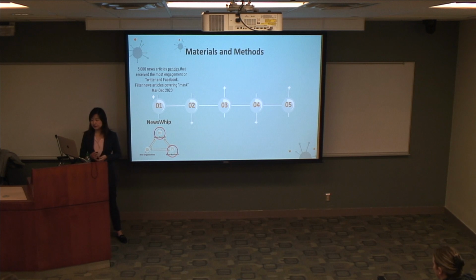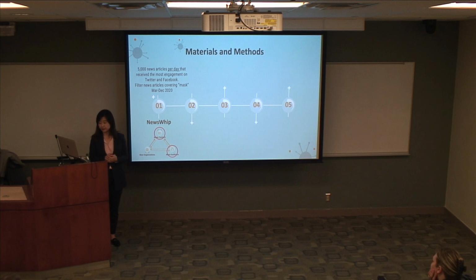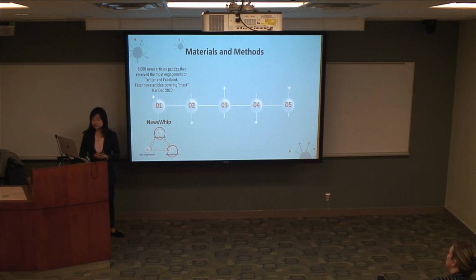So first, we use the NewsWhip API to collect the 5,000 news articles per day that received the most engagement on Twitter and Facebook. And then we filtered news articles that contain the keyword mask from March 2020 to December 2020. From this step, we collected monthly social engagement data and the raw text data, so the data on these two sectors.